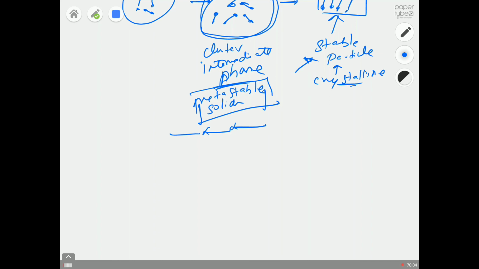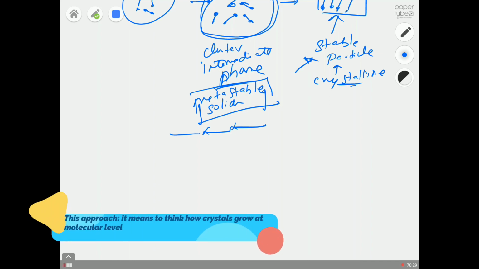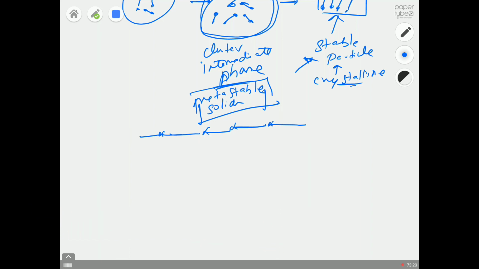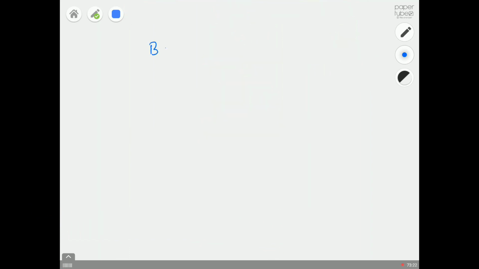They suddenly jump into the metastable zone, and you will never know why I create supersaturation, what's the point of creating supersaturation, and why crystals appear out of nowhere from a supersaturated solution. For that you have to take this type of approach. So what we are learning at the moment is the basics of crystallization.